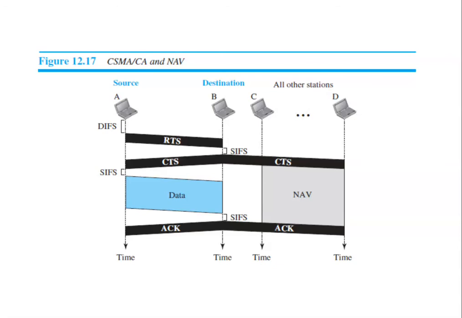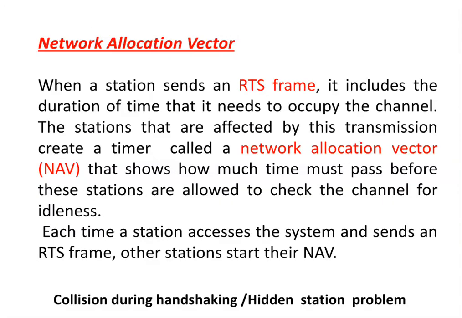So the hidden station problem will be solved, and once the data finishes sending, the acknowledgement will be sent back, which indicates that the other stations can access the medium, and the similar process continues. So in the case of CSMA/CA, by using interframe space, contention window and acknowledgement, collisions are avoided.